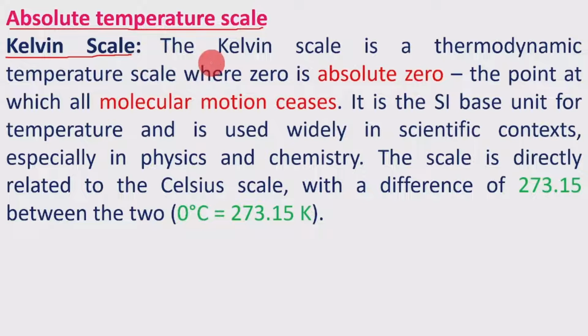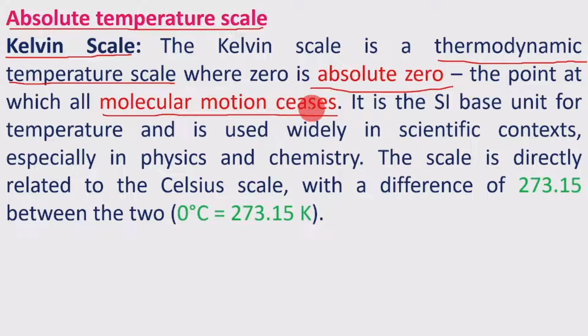The Kelvin unit is the SI unit for the measurement of temperature. Thus, the Kelvin scale is a thermodynamic temperature scale. In all thermodynamic calculations, we use this temperature scale, where zero is absolute zero, the point at which all molecular motion ceases.